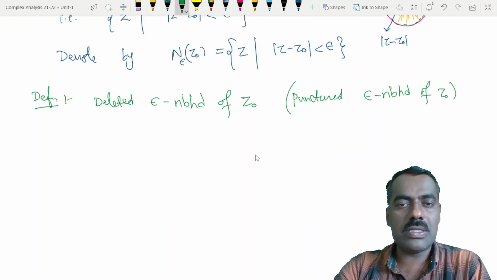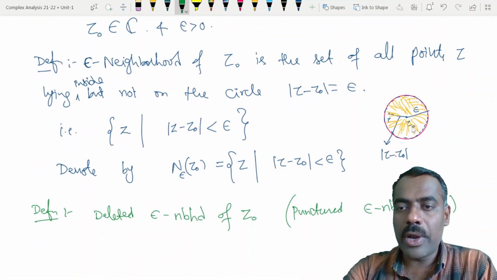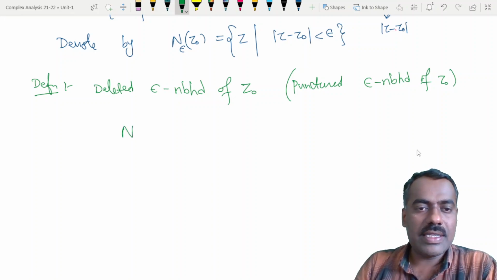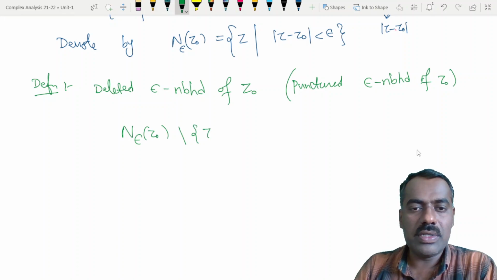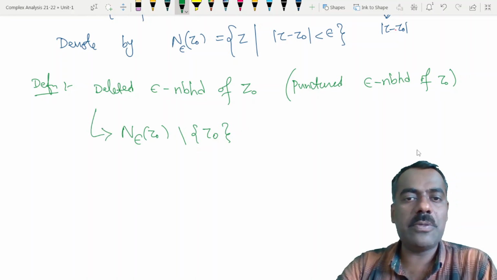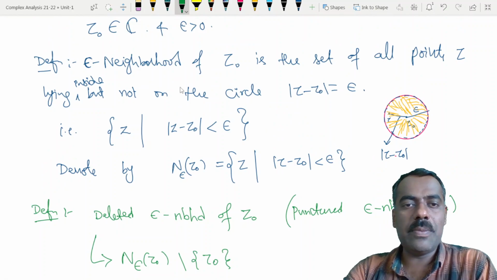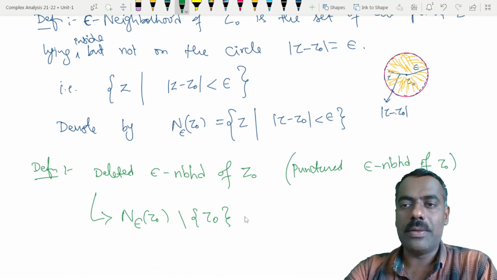The only difference between the epsilon neighborhood and the deleted epsilon neighborhood is that the point z naught won't be there. That means from N epsilon of z naught, you remove z naught. Is this clear? This is the deleted epsilon neighborhood of z naught: all points of the epsilon neighborhood of z naught except that point itself.